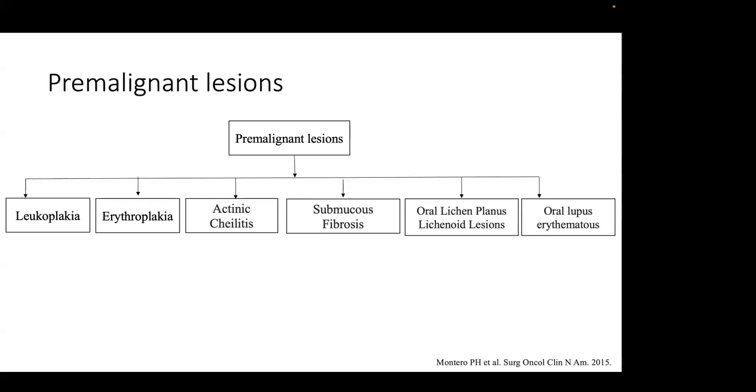The mainstay of management is discontinuing the consumption of these carcinogenic products, but there is no specific therapy for OSMF. Treatments that have been used include intralesional corticosteroids, hyaluronidase, and collagenase injection, and again, surgery like laser therapy and administration of oral antioxidants have also been implicated.